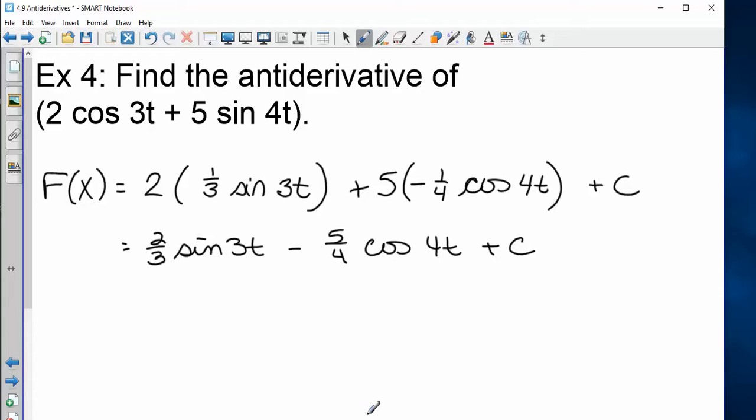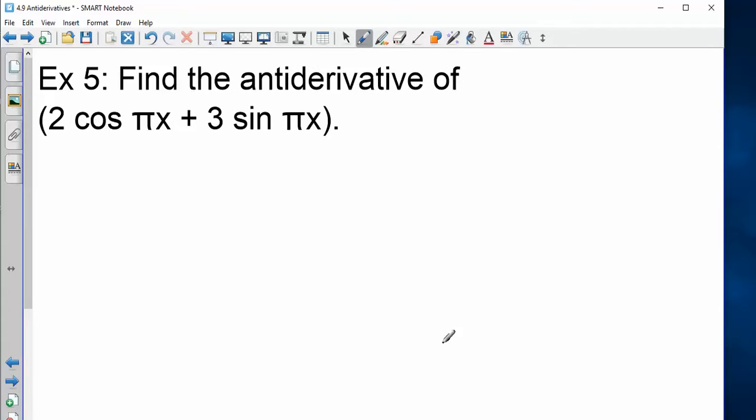Is this making sense to you guys? And why don't you just try the next one? So 2 stays. Antiderivative of cosine would be sine of pi x.